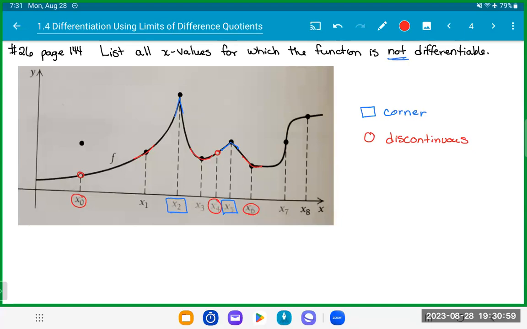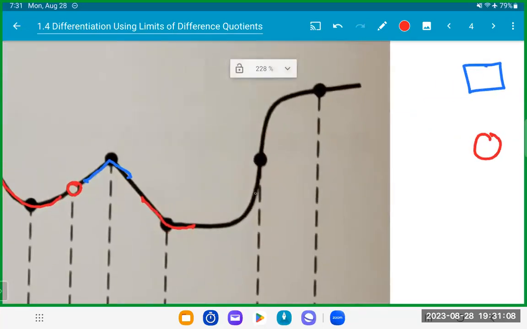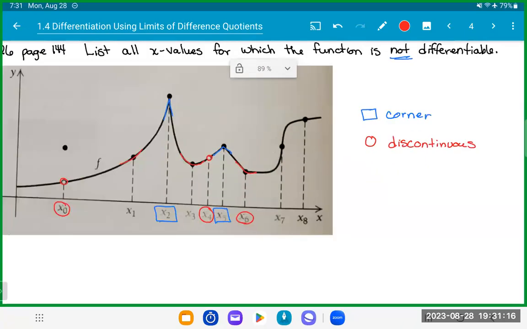For number 7, look, we're coming up here, but then we change directions. It's really hard to see, and it would be easier if it was coming like this. But we'll see later on in the course that that's also not going to be differentiable, because there's an inflection point there.